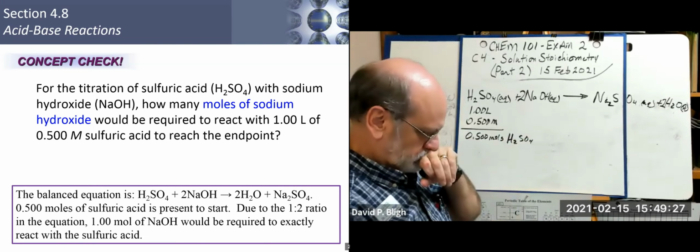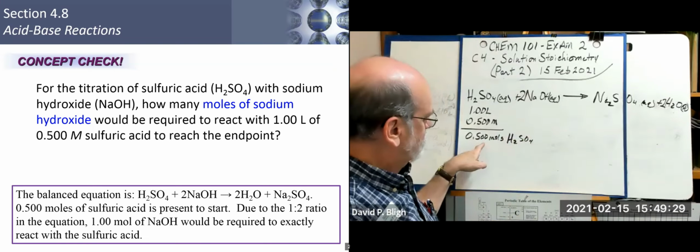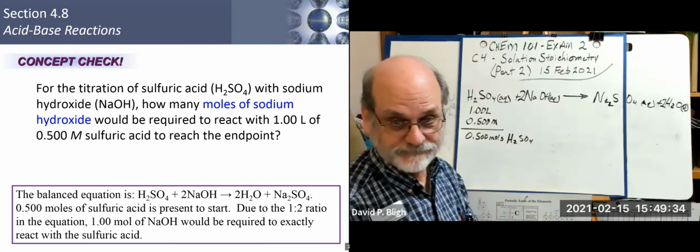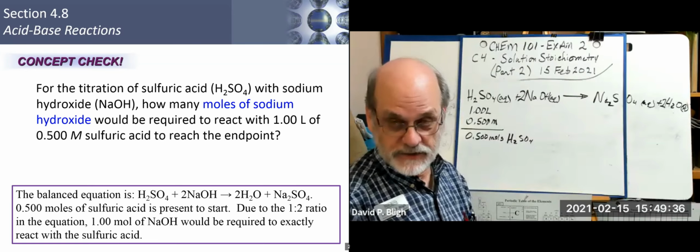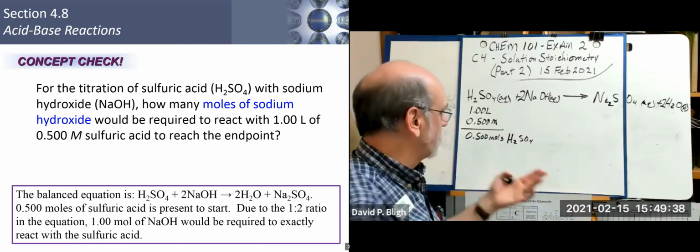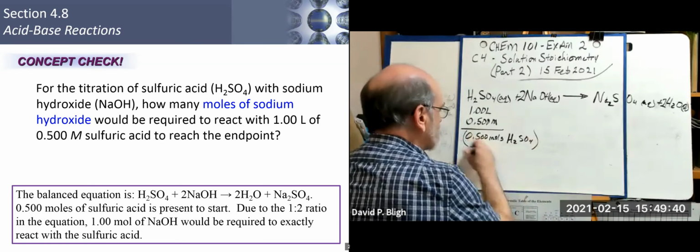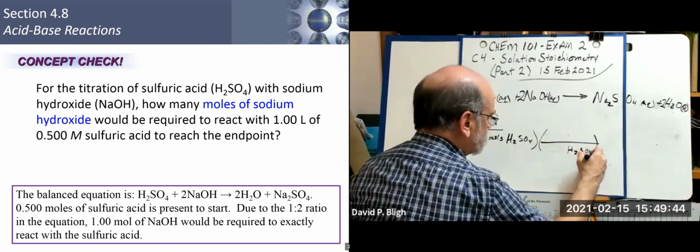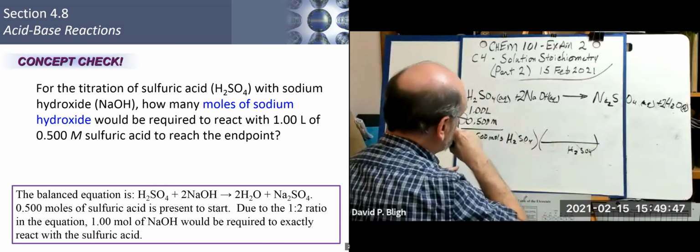So, if we convert this into that to find out how many moles we need here, which is the question, how many moles of sodium hydroxide, then our conversion factor would say H2SO4 to cancel these 2, right?